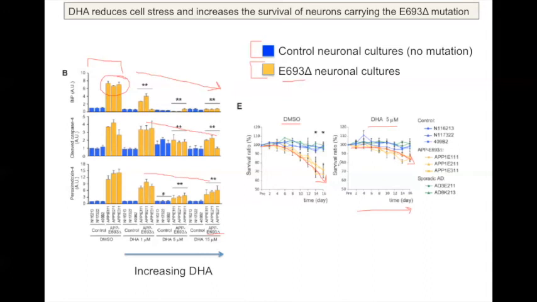So what it's saying is that at least in these neuronal cultures that are full of the A-beta peptide, treating with DHA, this omega-3 fatty acid, slows neuronal death and improves the health of these neurons that were derived from cells of individuals with familial Alzheimer's.